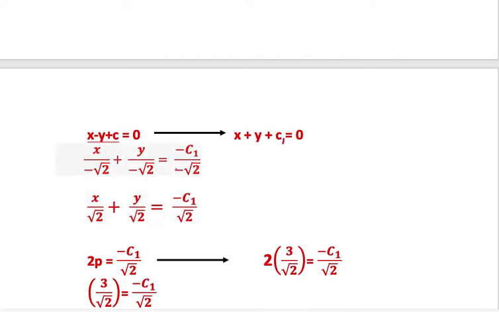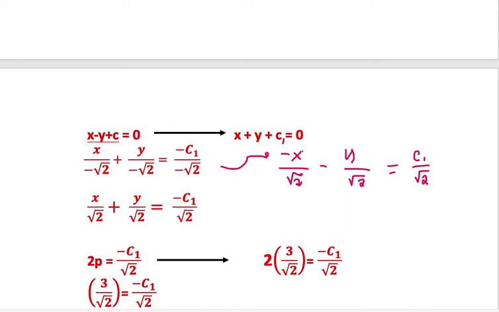Then, I am going to simplify. This will become negative x over square root of 2, then negative y over square root of 2 equals positive c sub 1 over square root of 2.